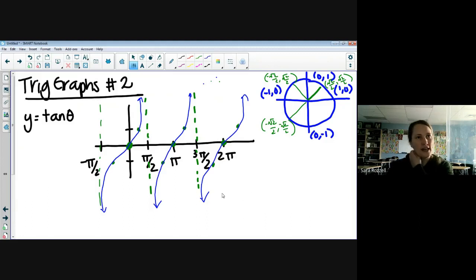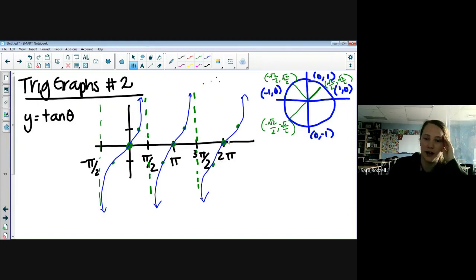The difference between tangent and sine and cosine is what the period is. So for sine and cosine, it takes you from 0 to 2 pi before your graph starts to repeat again. Okay. So if I say 0 is my beginning point, that's where I started the graph. I'm going up, I have an asymptote, I go up, I'm back to 0, and then I start the exact same thing again.